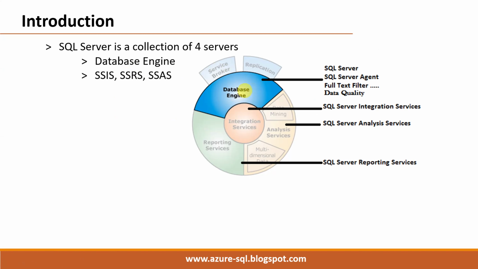We already know the database engine is a collection of 2 main services, SQL Server and SQL Server Agent. The SQL Server service is to process the user queries. Agent is basically for automation.